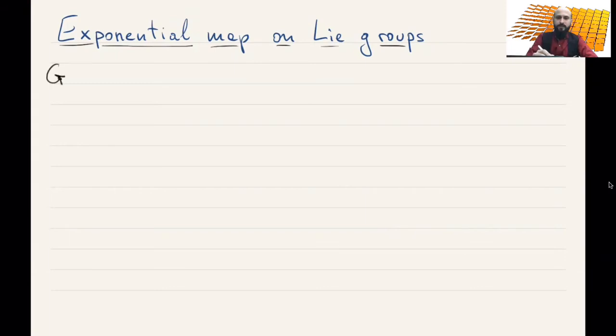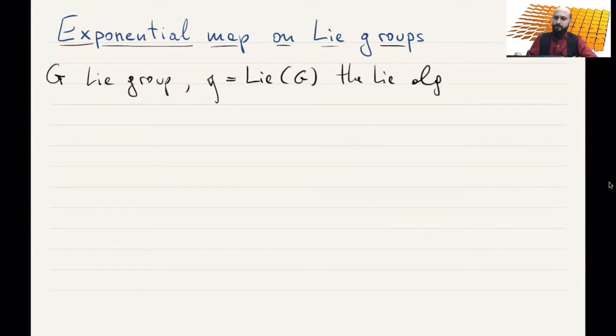So G will be a Lie group, and small g will be its Lie algebra.